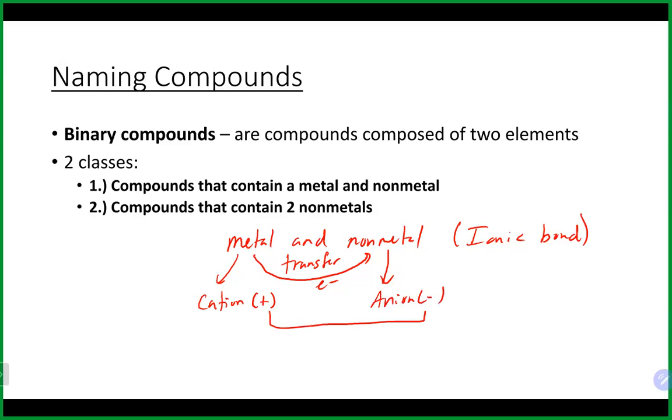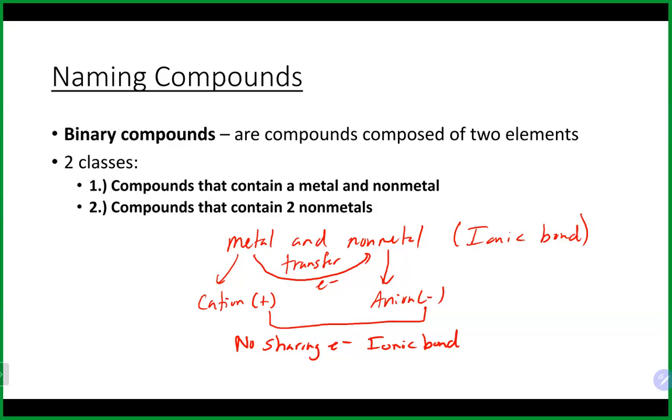And it is that attraction, sometimes referred to as the electrostatic attraction, opposites attract, that holds that together. There's absolutely no sharing of electrons in an ionic bond. So that's a really important distinction. In an ionic bond, you have that positive charge and negative charge is what's really holding those ions together.